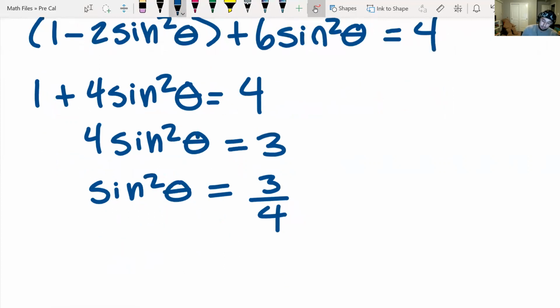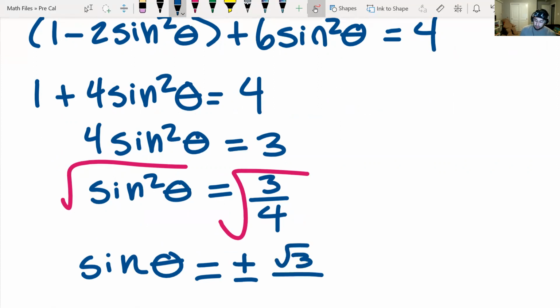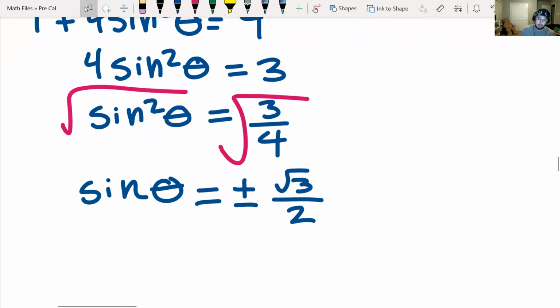And then square root. Sine theta equals, very important, never ever to forget your what? Plus or minus square root 3/2. All right, now this one's definitely way easier than the one above it, because all we have to do is say, hey, on the unit circle, where is sine positive square root 3/2?